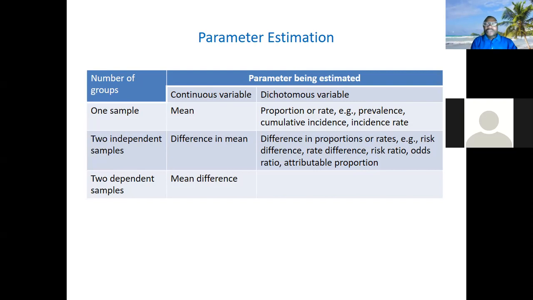But if it is two dependent measurements, the same people whose hemoglobin concentration you measure before and after, maybe the average is 13 and then 15. But because it's the same set of people, you are not going to subtract 13 from 15; it doesn't make sense.